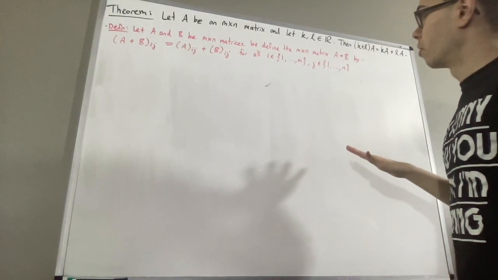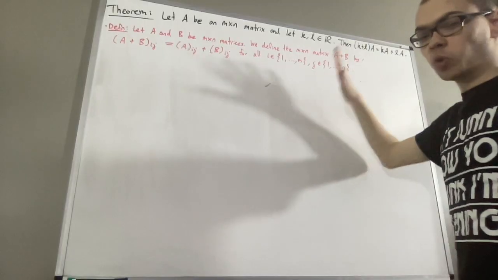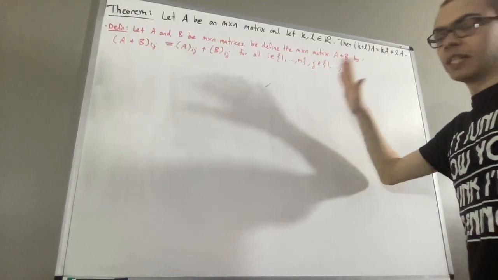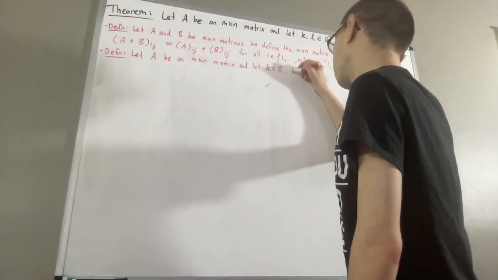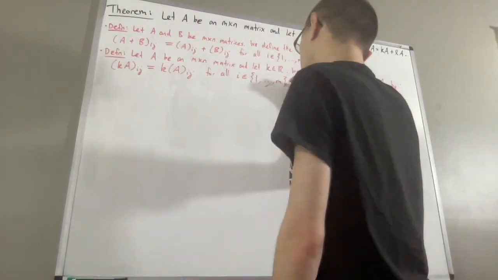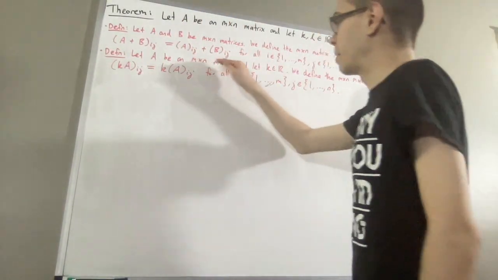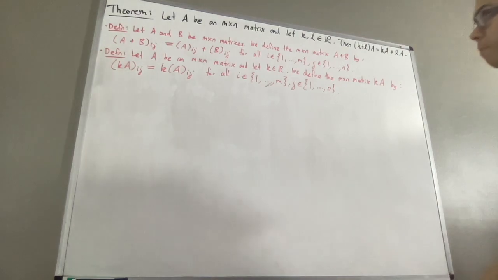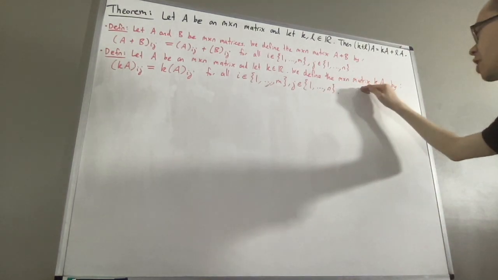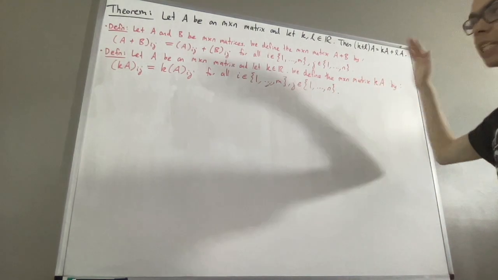Now, we also define scalar multiplication of a matrix as follows. Let A be an m by n matrix and let K be a real number. We define the m by n matrix KA as follows.